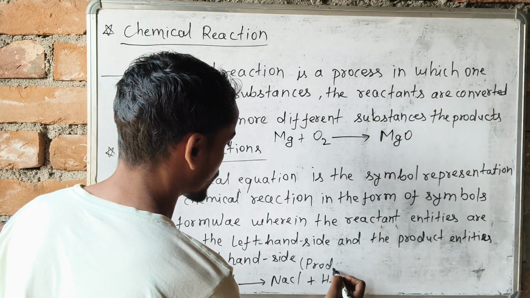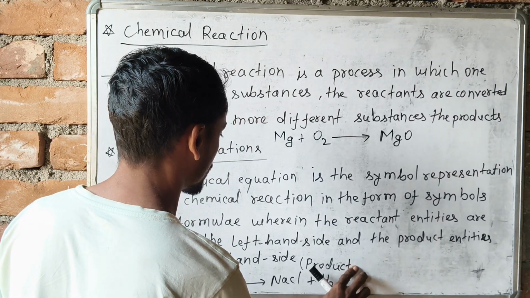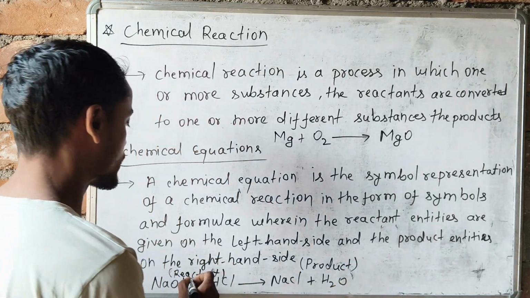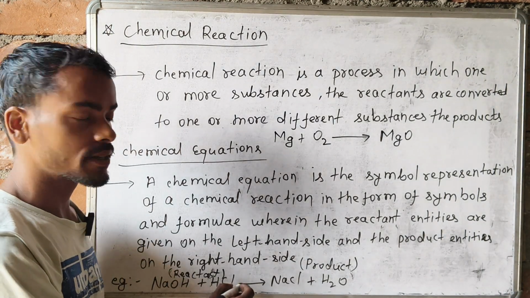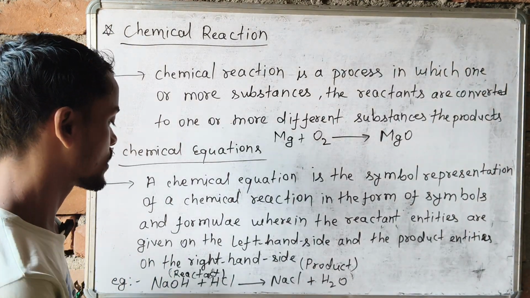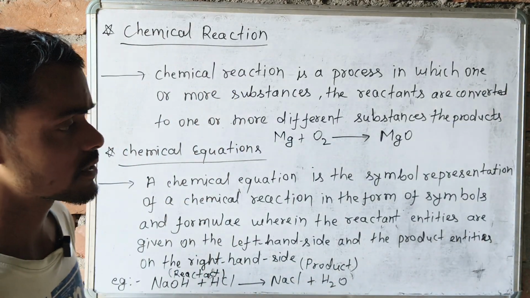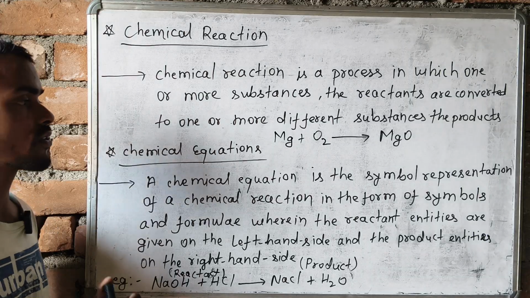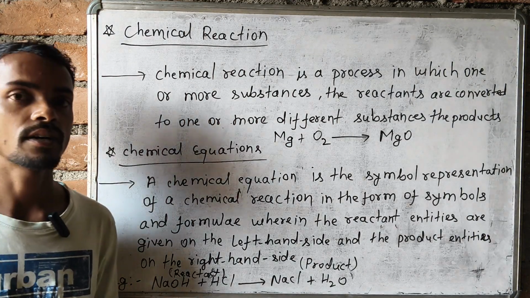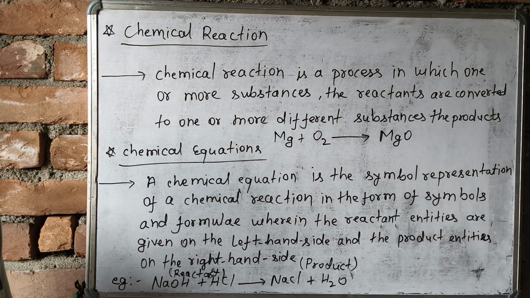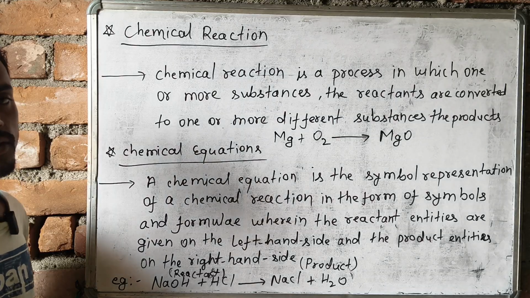What do we call the side present on the right hand side? That is called the products. Reactants as well as products. And in between we write an arrow and plus signs, so that we do not miss any part of that chapter.